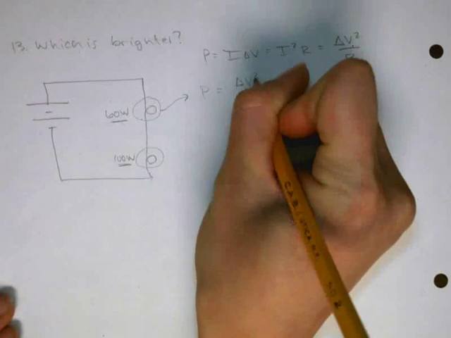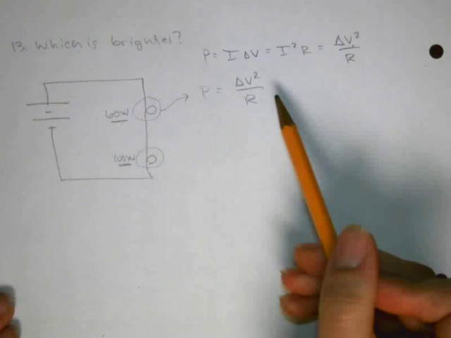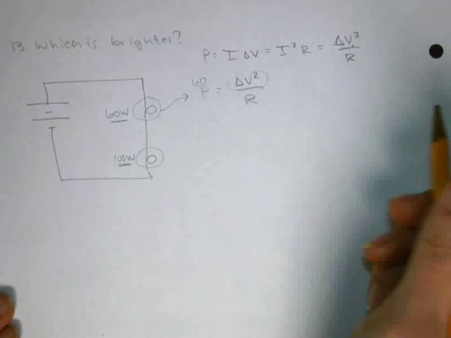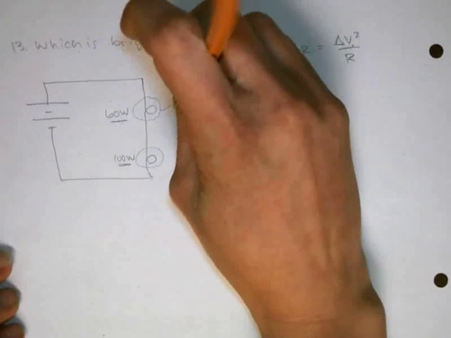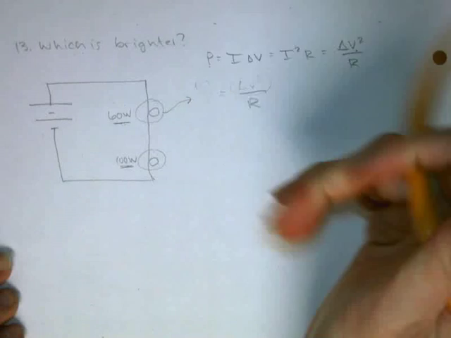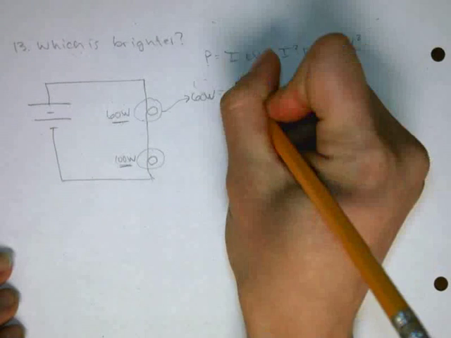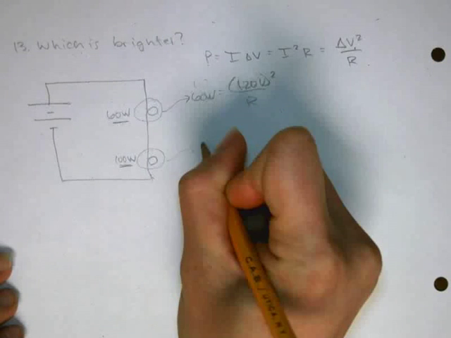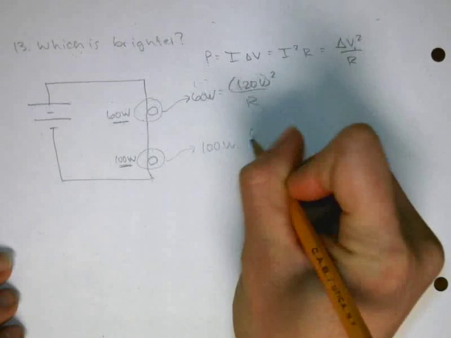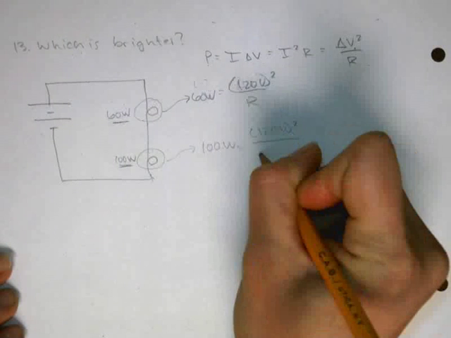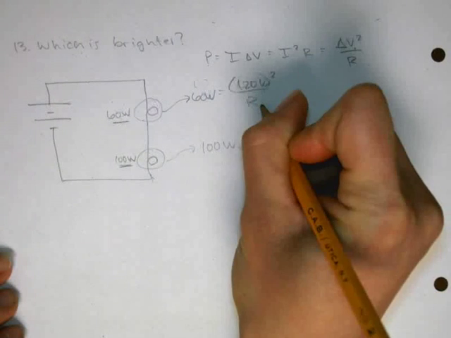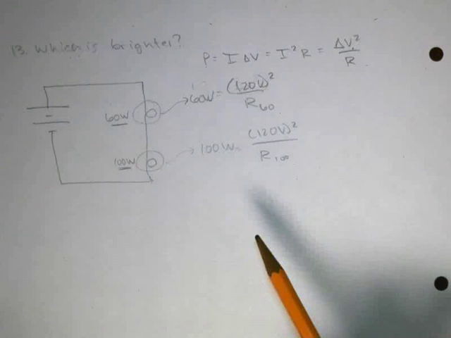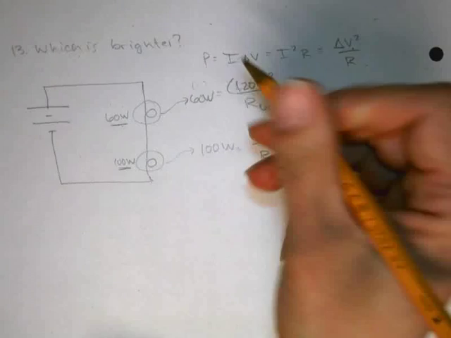P is V squared over R. When I plug it into 120 volts, this one is 60: 60 watts is 120 volts squared over R. And for this one, 100 watts is 120 volts squared divided by R. So which one is bigger?